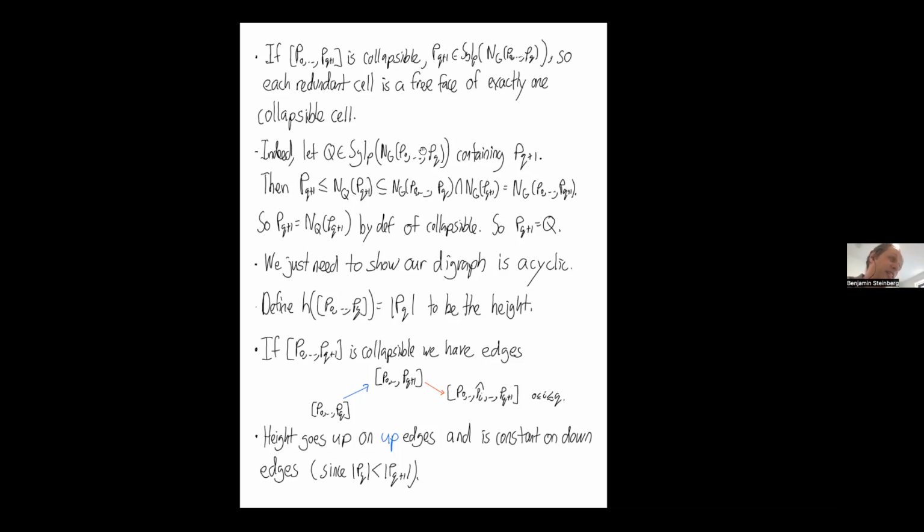I decided to do it by contradiction here. Take a Sylow subgroup which contains it. This is going to be contained in the normalizer within Q of itself. And since Q is inside the normalizer of the first Q ones, and this is inside the normalizer of the last one, this is in the normalizer of all of them. But being collapsible means that this is a p-Sylow subgroup of this normalizer, so it must equal this. But if it's self-normalizing in Q, it must be Q, because every proper subgroup is subnormal.